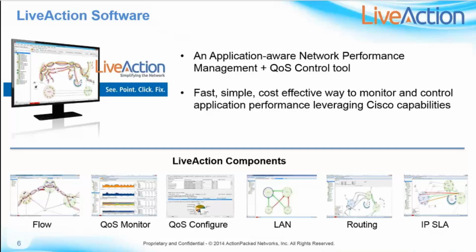And we can actually show the route path through the network between 2 devices. And IP SLA, service level agreement testing: we're excellent in that arena, able to define the test through our graphical GUI, then deploy the test and monitor and give you the results through extensive reporting that is included in LiveAction.